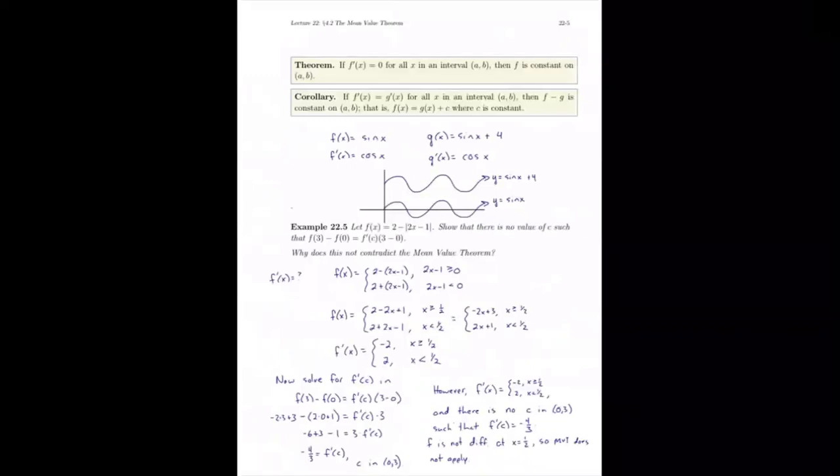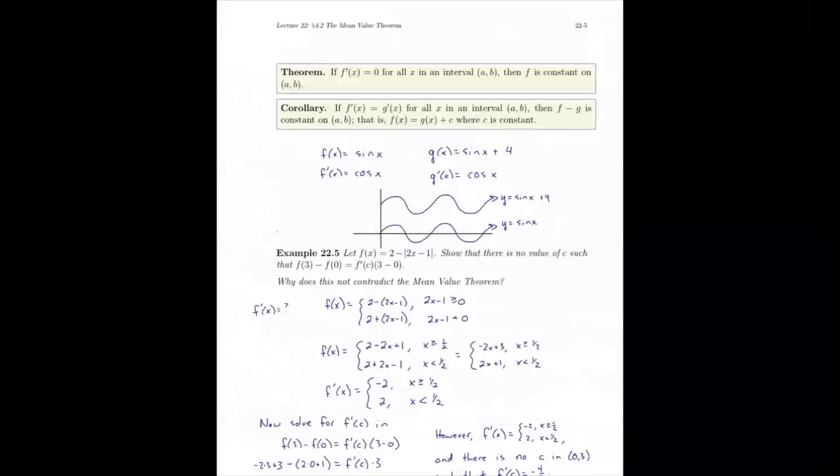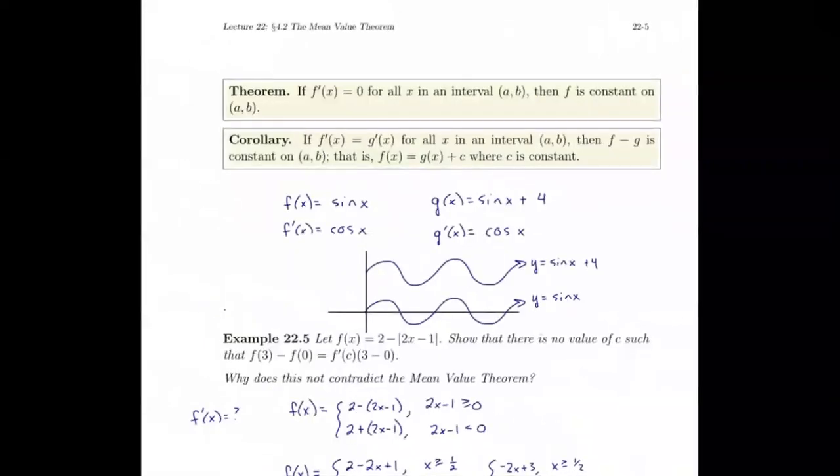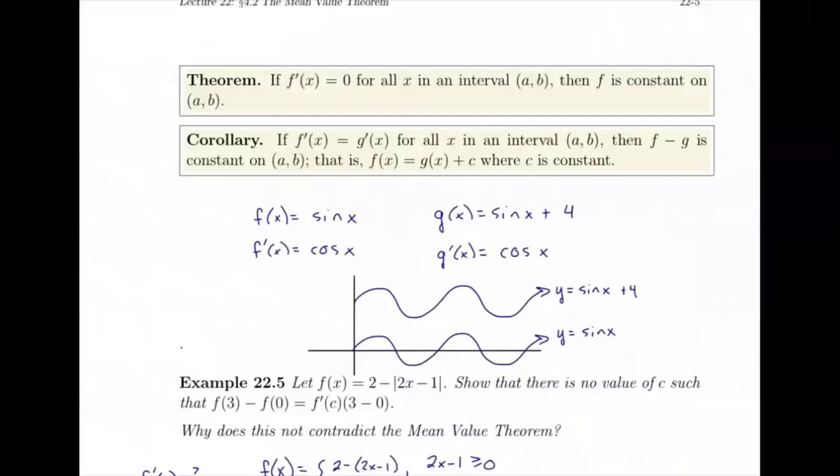Okay, so some last little results that are interesting and nice to work with are the following. If f prime of x is 0 for all x in an interval AB, then f is constant on that interval AB. So let's think about that. If the derivative of a function is 0 for all the values in a given interval, that means the function has horizontal tangent lines everywhere.